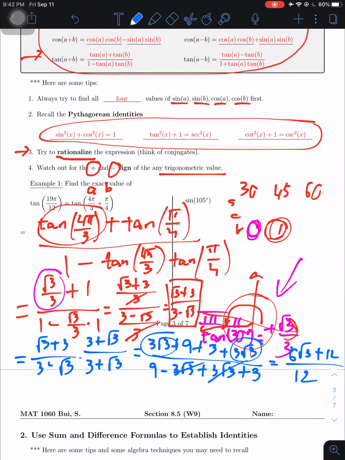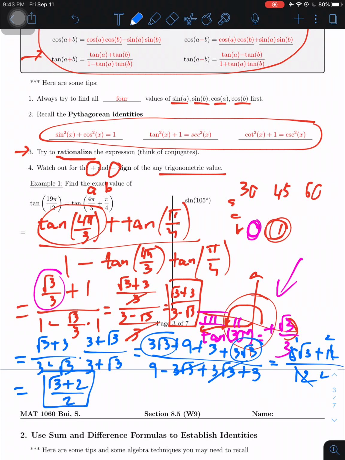Well, we can cancel each of these by a 6, right? So this would be 1, this would be 2, and this would be 2. So the final answer that I sincerely hope you guys get in here is square root of 3 plus 2 divided by 2. This is a nice answer because there's no square root on the bottom and it looks so beautiful, at least to me, again.